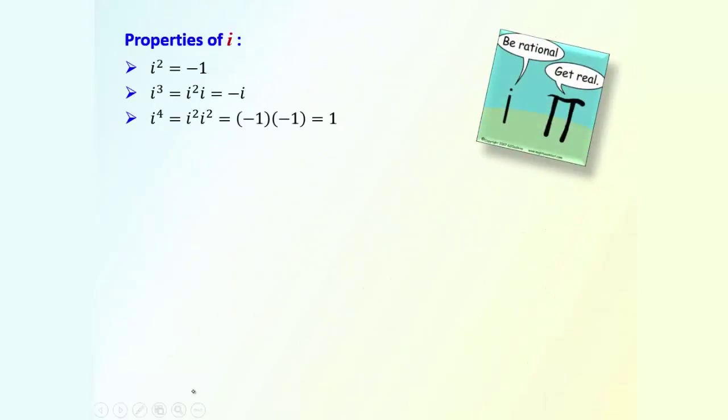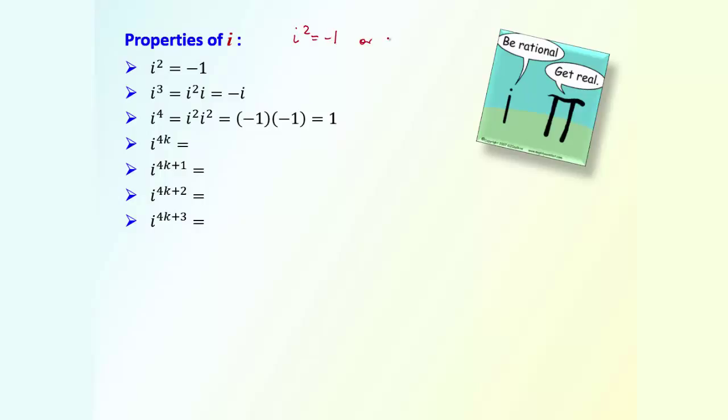So let's look at properties of the imaginary number i. We'll keep in mind the definition of i. One part of this definition says that i is a solution to the equation something squared equals negative 1, which means that i squared is defined as being negative 1.